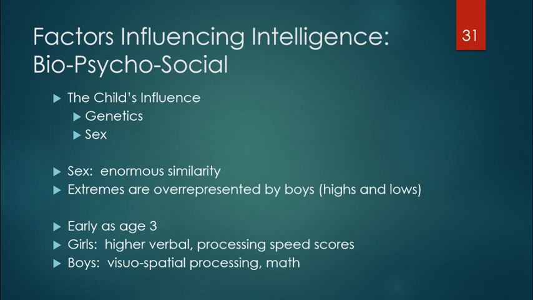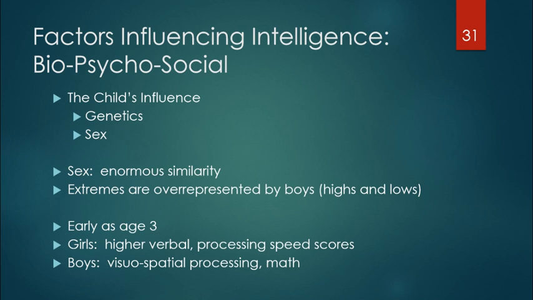And what we find is that males tend to be overrepresented at those extremes. So there's more males at the extreme low end of our normal distribution, and there's more males at the extreme high end of the distribution. So it seems that there's something about the male biology that makes these extremes more common.